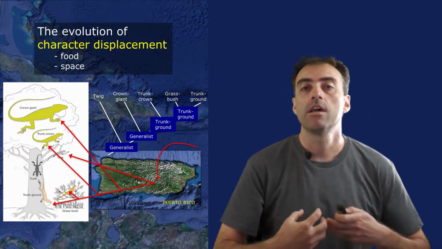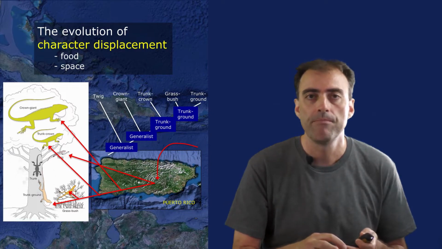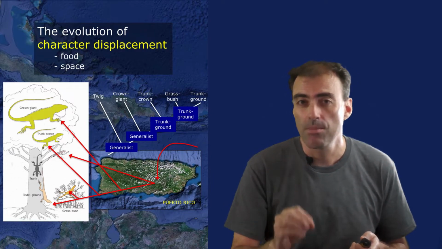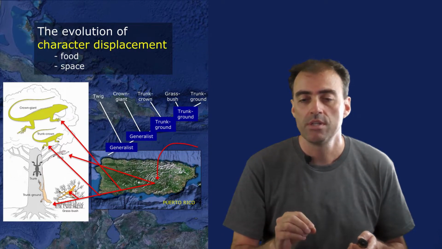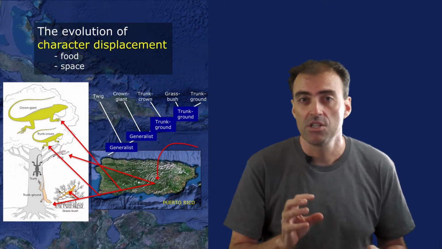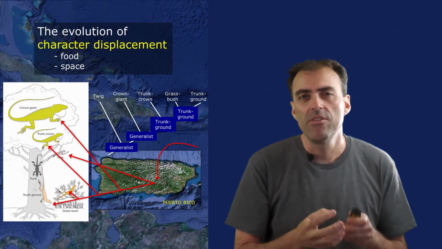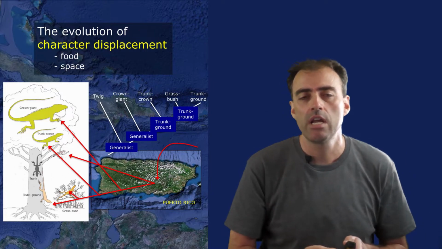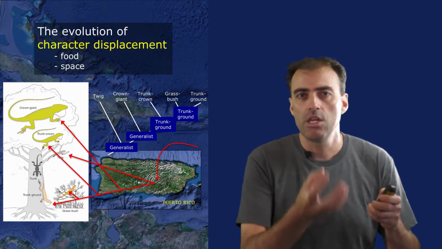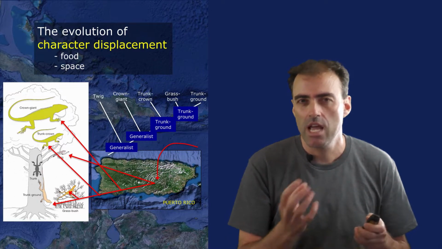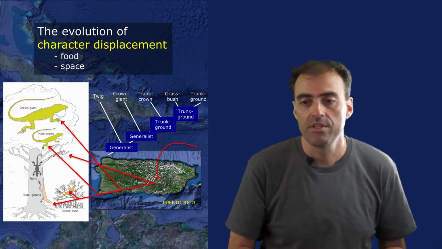So the idea is that we have a very generic, generalist ancestor invading Puerto Rico, and then through what we think is a process of character displacement, so competition for resources, in this particular case, space, hanging out on this particular tree in this forest, they've partitioned up that tree, and subsequently, because of that partitioning, have adapted to their unique microhabitats, their ecological niches, and they've formed these separate ecomorphs as a consequence.